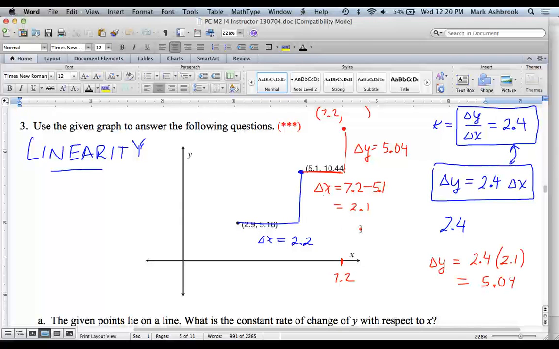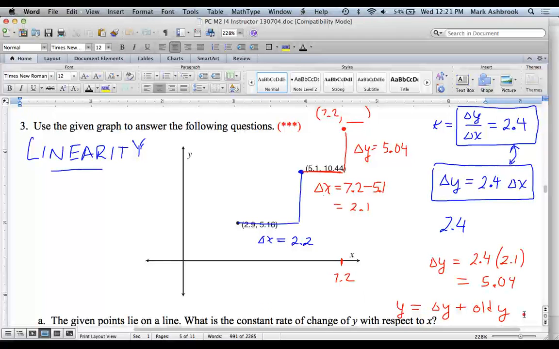Okay, are we good now? How are we going to find the new value of y now? So we got this new value of y. What does it equal? How can we get that new value of y? 5.04. Yeah, so it should make sense.